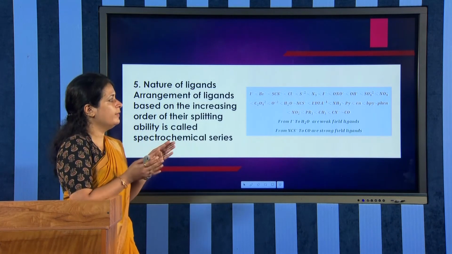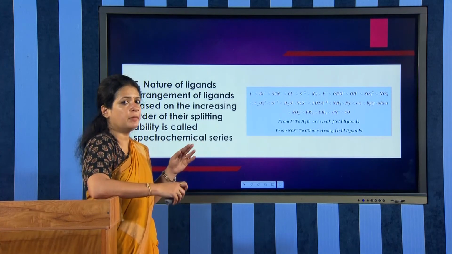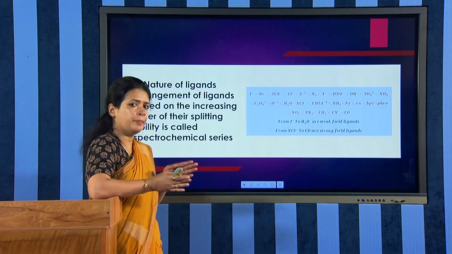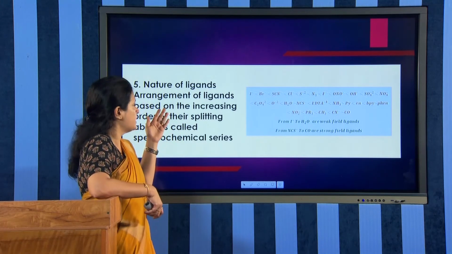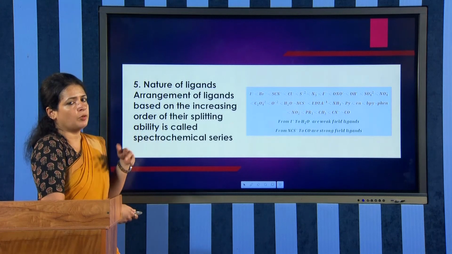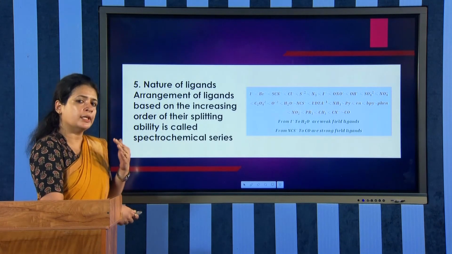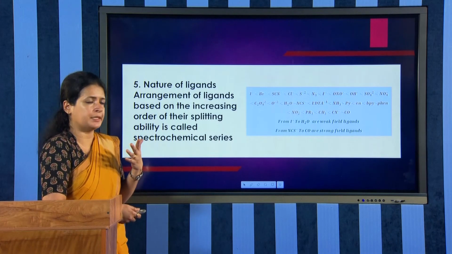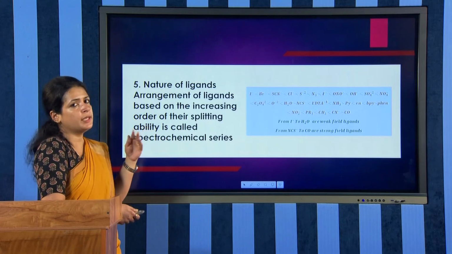And when there are strong field ligands, for example CO or CN minus, such complexes will have a high crystal field splitting. That is all about the spectrochemical series. What is the spectrochemical series? It is the arrangement of ligands based on the increasing order of their splitting ability.